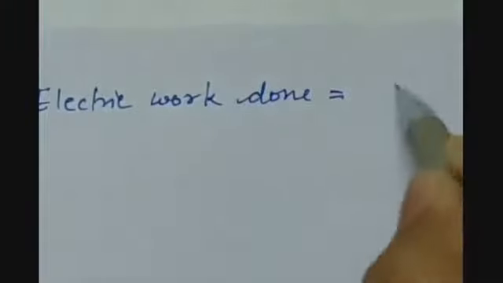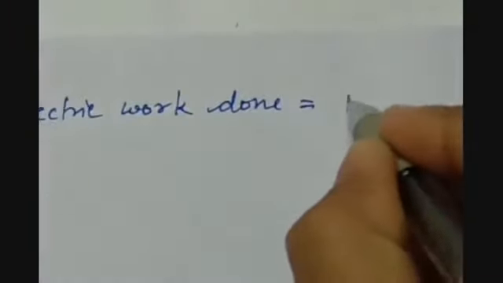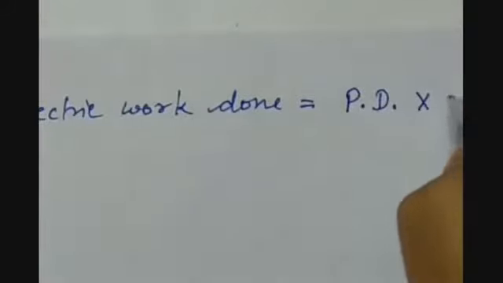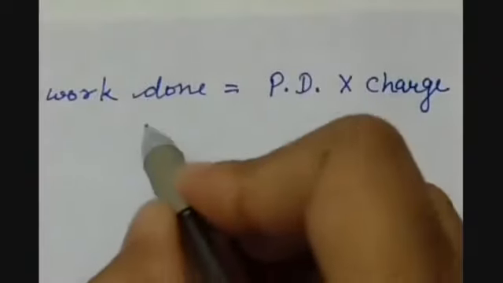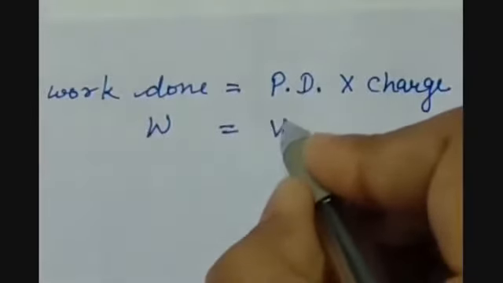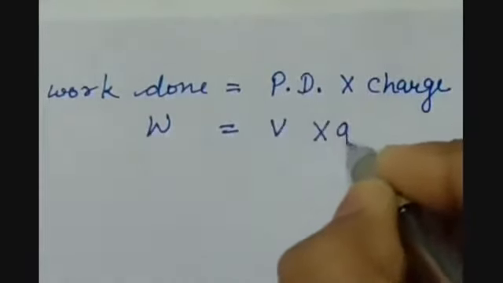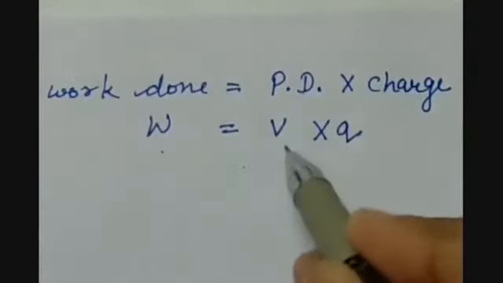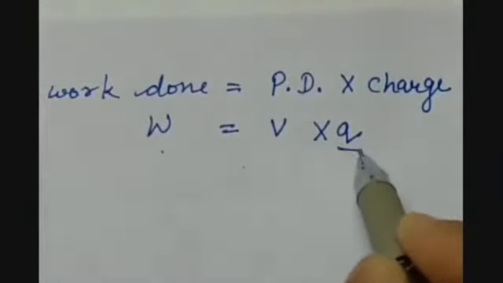If Q charge is flowing and V is the potential difference across the ends of the conductor, then the electric work done will be equal to the potential difference into charge. So we have W, which is electric work done, potential difference V, and charge Q. So W is equal to V into Q. For Q, we already have a value.